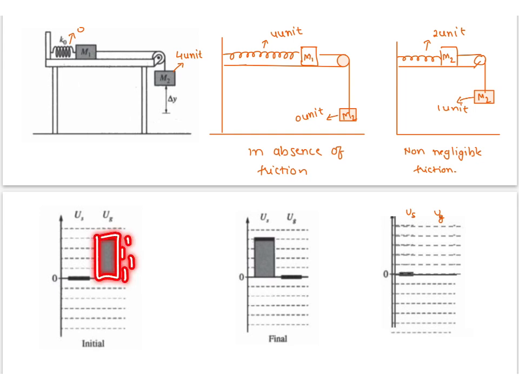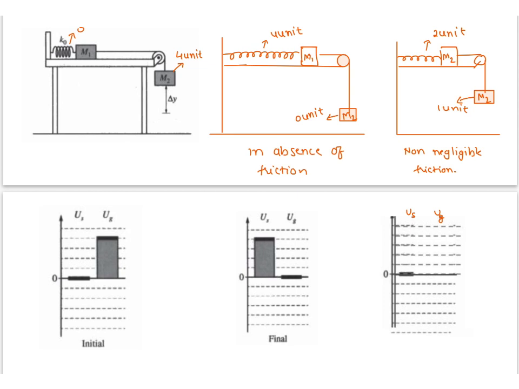Total 4 units. So in the absence of friction, where we can say energy is conserved, I can say that initial energy will be equal to final energy. So when this block moves down, its potential energy decreases. When it comes to rest, I can assume its potential energy is zero. So gravitational potential energy here is zero.